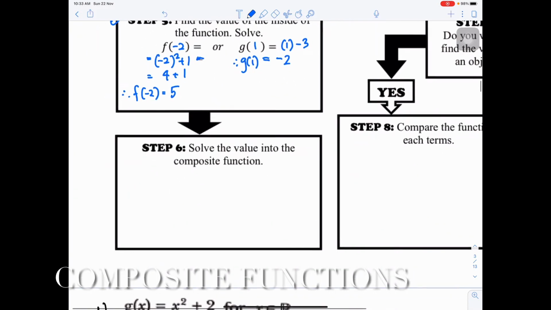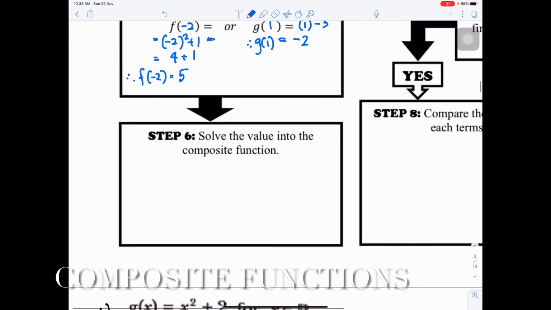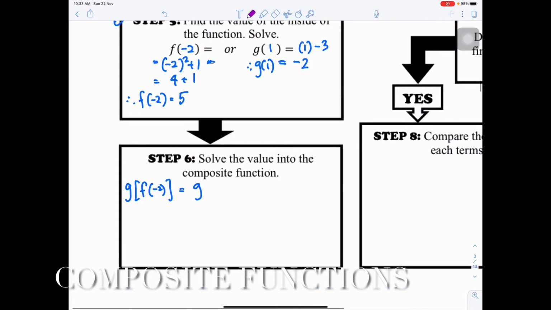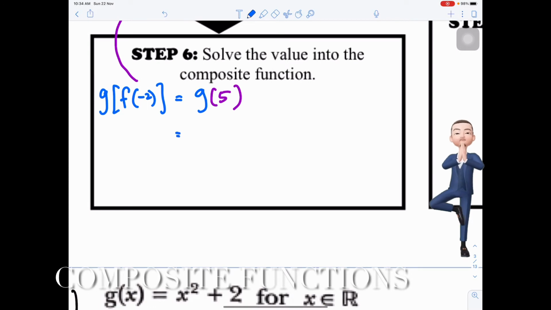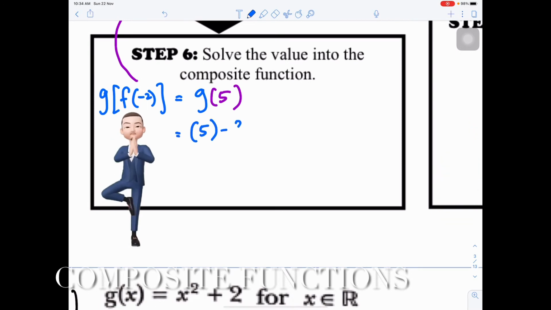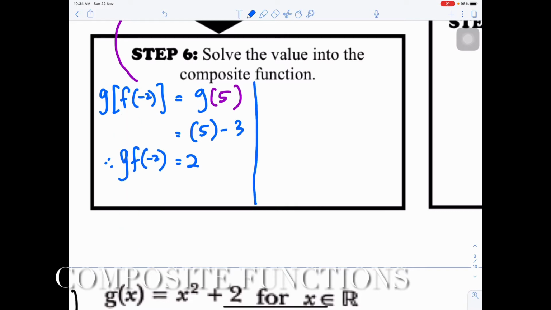Next step, substitute the value into the composite function, one by one. We know g(f(-2)) equals g(5), because f(-2) equals 5. Then simplify: 5 minus 3 equals 2. So g(f(-2)) equals 2.